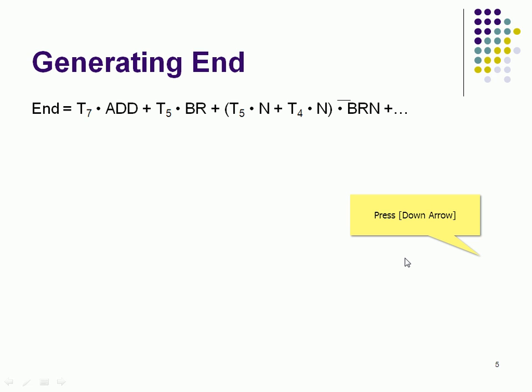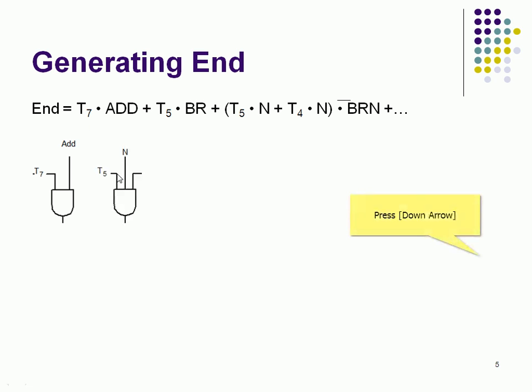In other words, the END signal, wherever it is available, if you are able to write this kind of control signals, it may be required in the end, it may require a reset, it may be required in a branch, add, subtract, and so on. So all those we can list, and similarly we have listed them and augmented them here in the end. So T7 and add will be ANDed here.